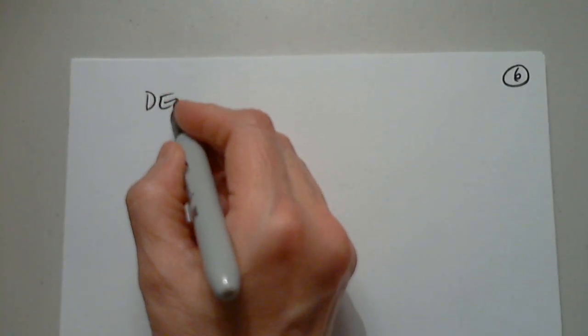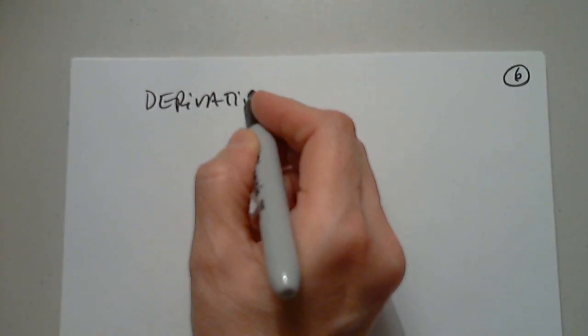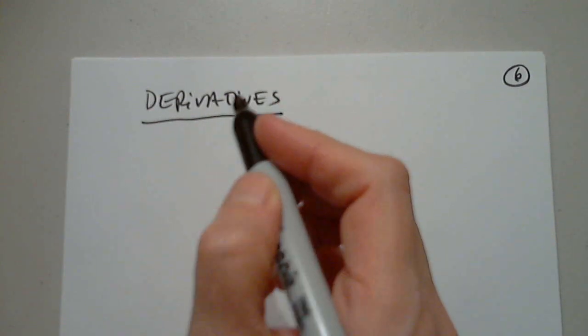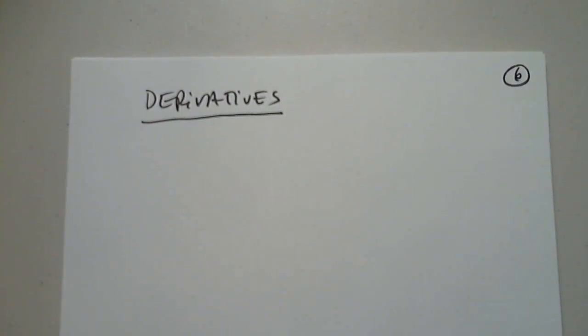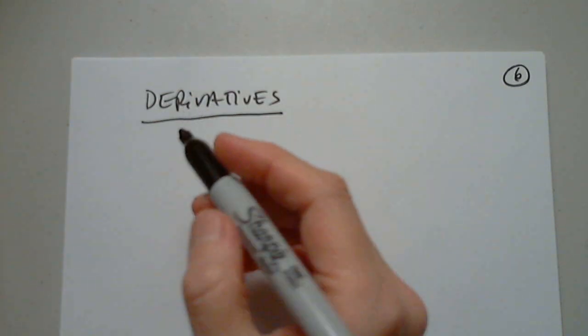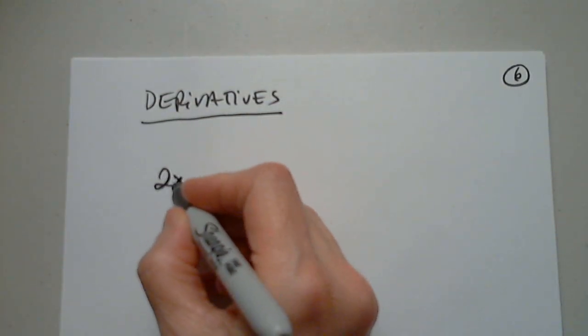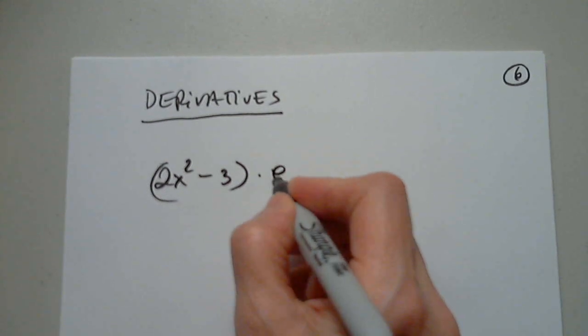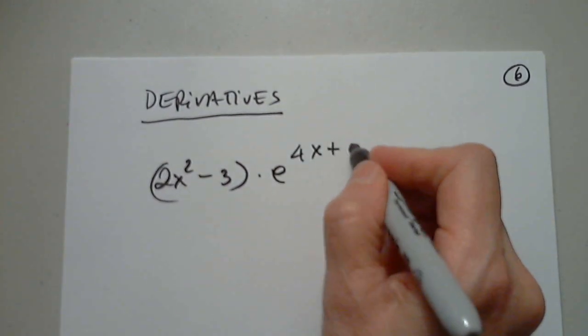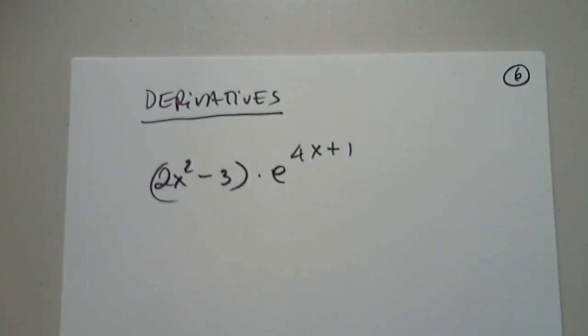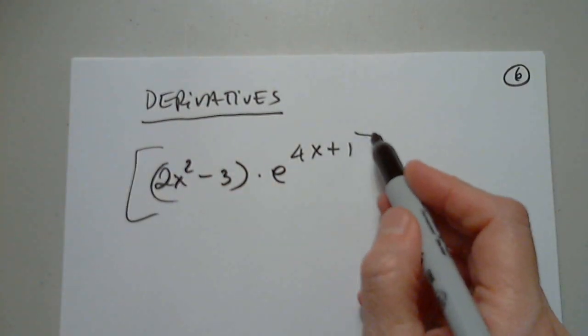Derivatives. Okay, perfect. So for the derivatives, please be prepared to apply all rules. For example, let's say 2x squared minus 3 times e to 4x plus 1. So this is a function, we want to differentiate it.